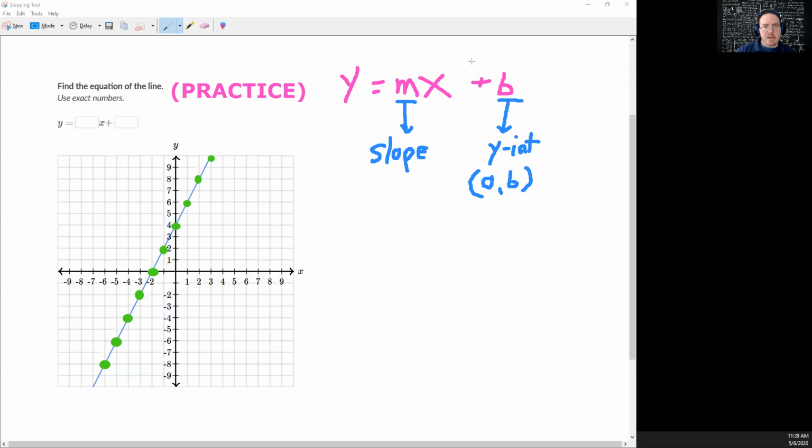Okay. So what I notice immediately is right here, I noticed that the y-intercept is at 4.